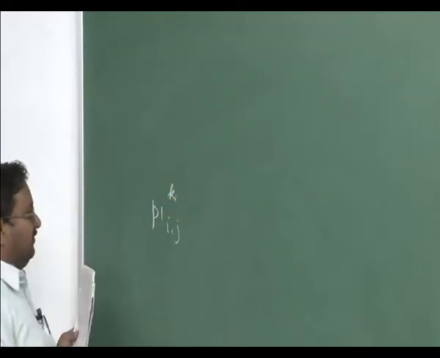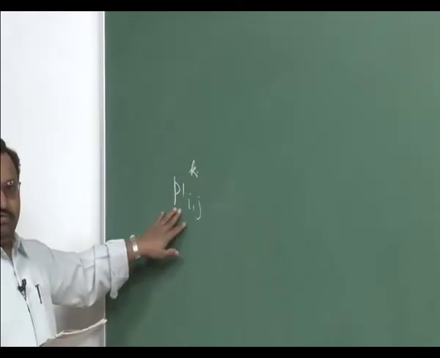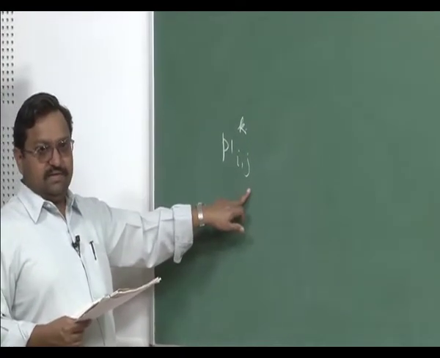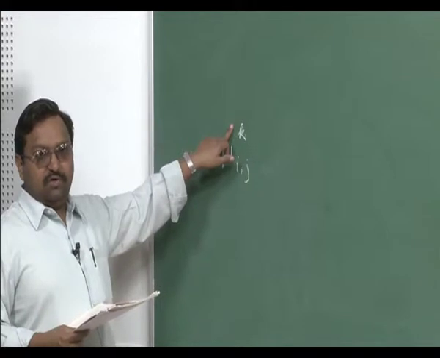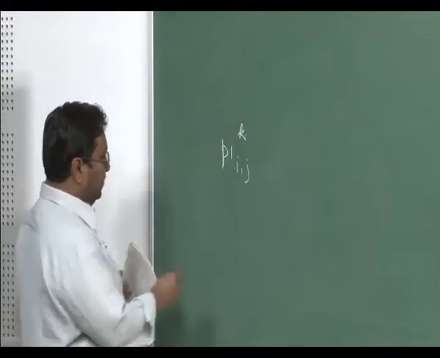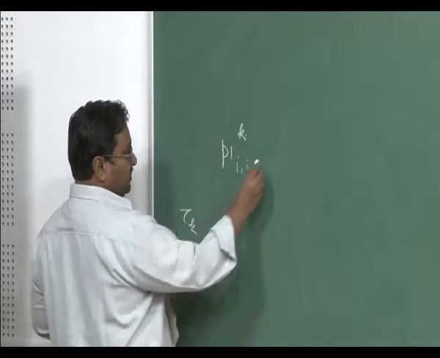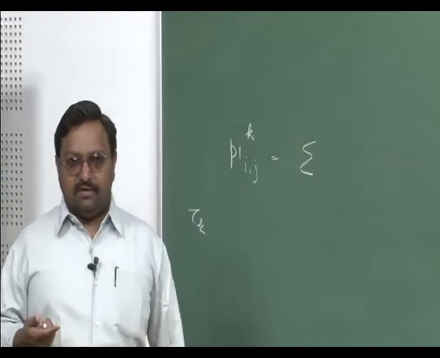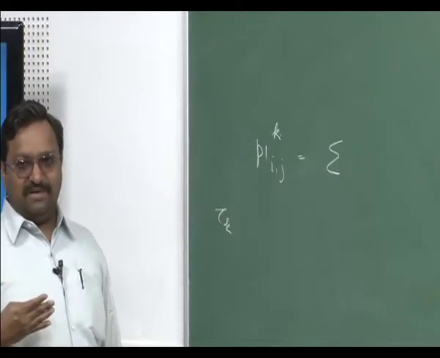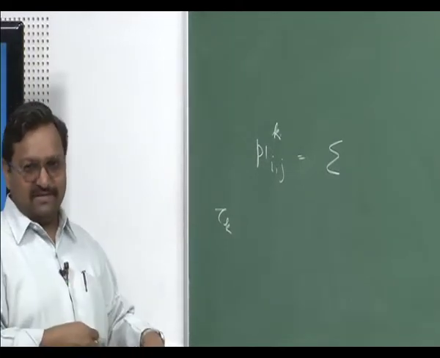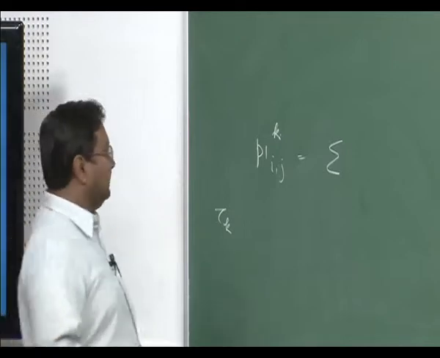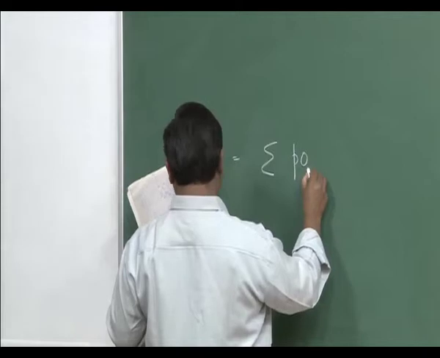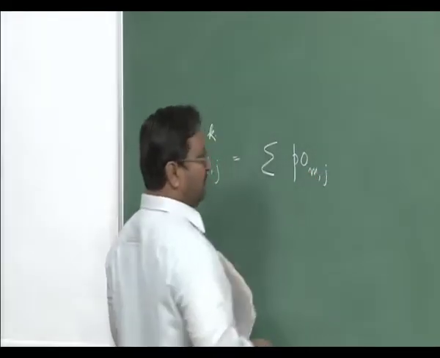So the probability that after step 1 you will be in state I in stage J in time slot tau k will be given by, if you know after the 0th step or just before the beginning of the first step, or the third step of the previous time slot, whatever your state is after that, you have to get that probability.